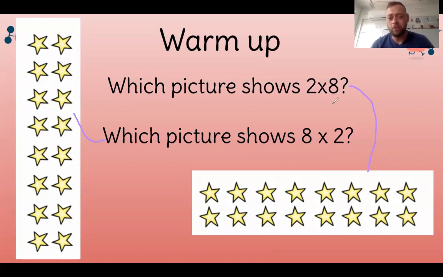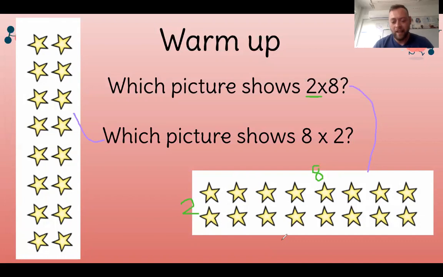And the reason we do that is we look at the first number, which here is 2, so we count down 2. 1, 2. And here is an 8, so let me just count across to check that it's 8. 2, 4, 6, 8.